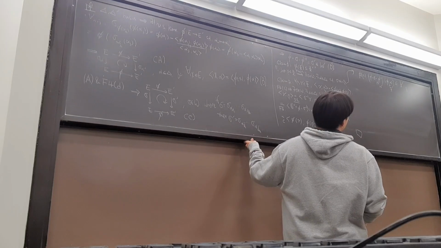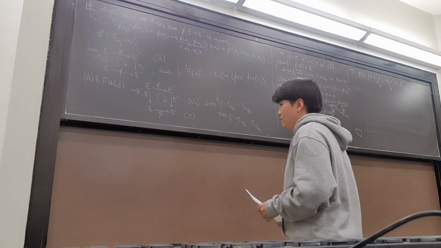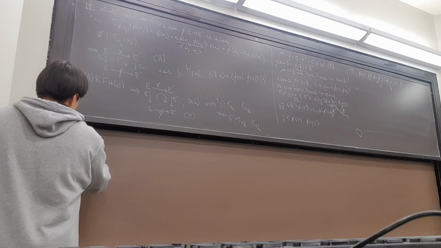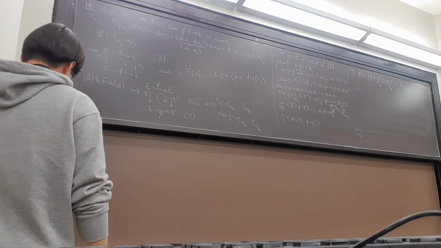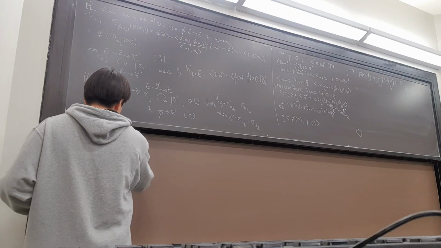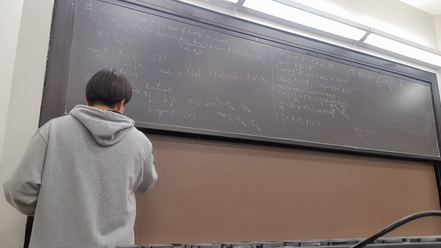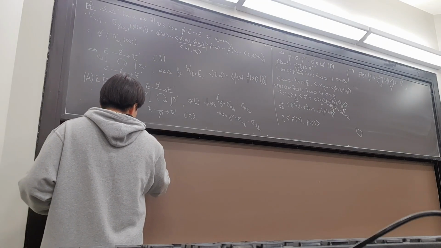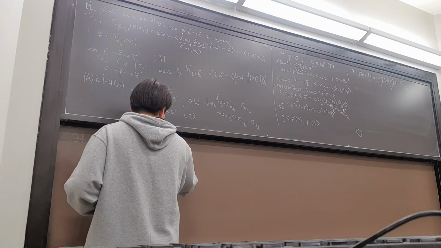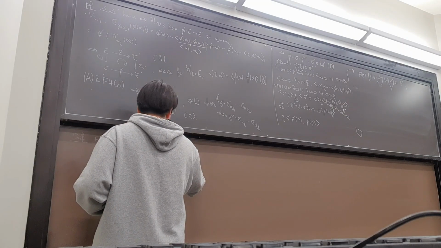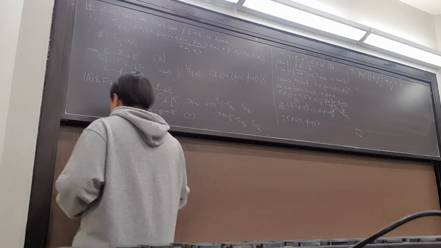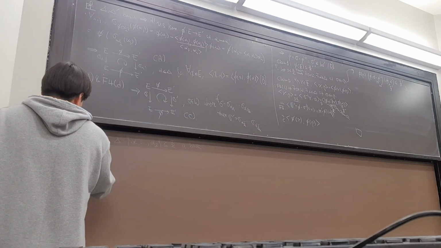I want to introduce the sector graph and linking diagram. Delta is alpha 1 to alpha L. Then we define the sector graph.